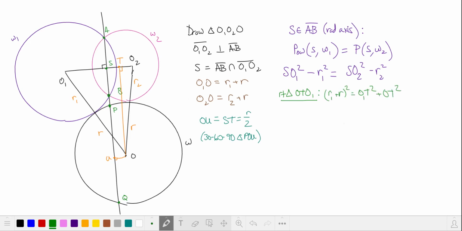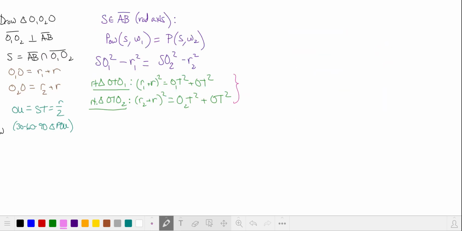By the Pythagorean theorem, (R1 plus R) squared is equal to O1T squared plus OT squared. Similarly, for the right triangle on the right, triangle OTO2, we have (R2 plus R) squared is equal to O2T squared plus OT squared. Solving both of these equations for OT squared and setting them equal to each other.